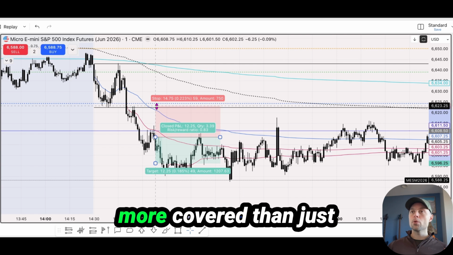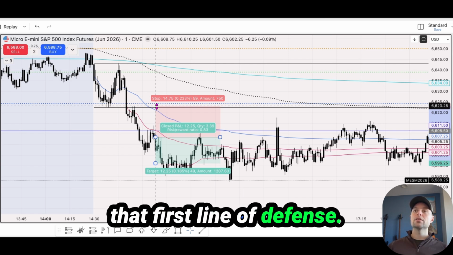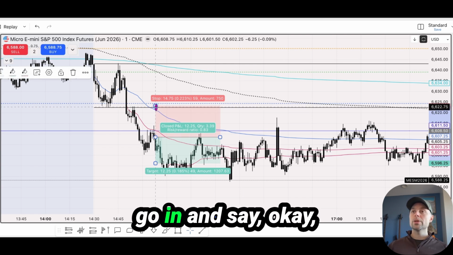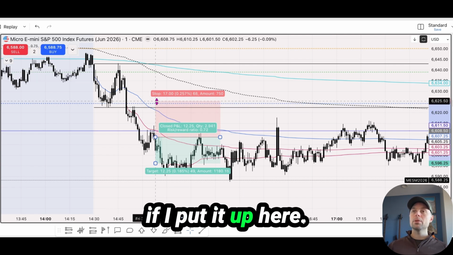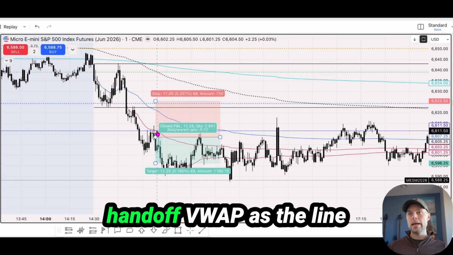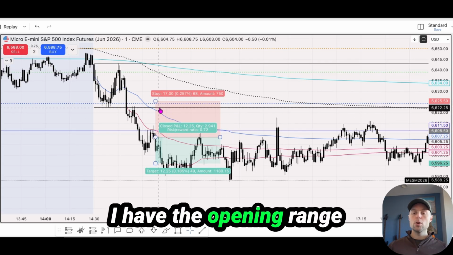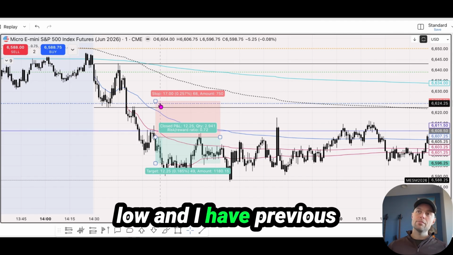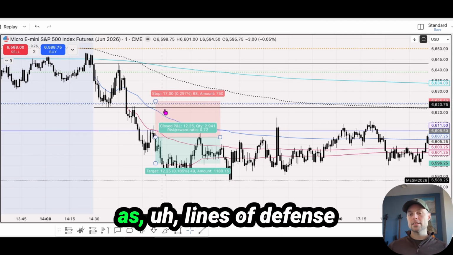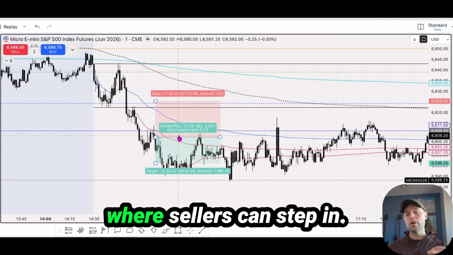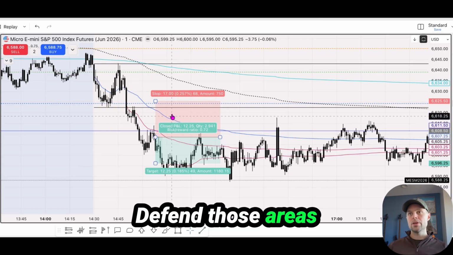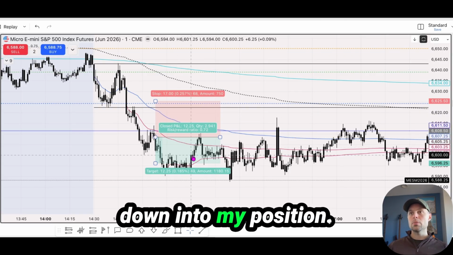Then you are more covered than just that first line of defense. So in this case, if I put it up here, I have not only the handoff VWAP as the line of defense, I have the New York session VWAP, the opening range low, and the previous day's value area low as lines of defense where sellers can step in, defend those areas, and bring price back down into my position.